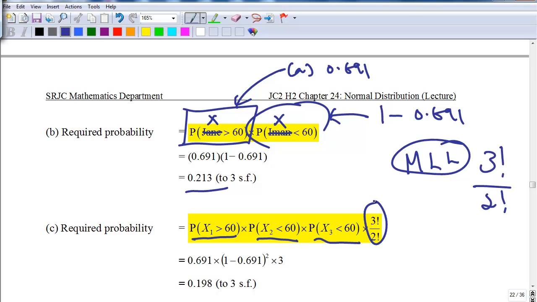This number is 3. So again, I will make use of the answer in part A. This is 0.691. This and this are the same. They are 1 minus 0.691. So you press calculator, answer. Done. We look at D now.